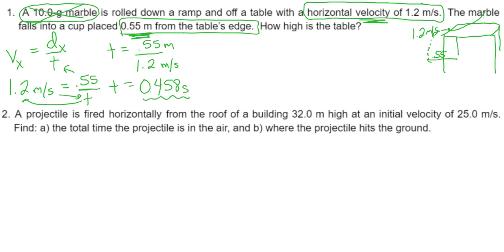My significant figures should actually be two significant figures, but I have more calculations that I need to do, so I'm going to leave that so that I can eliminate error as much as possible from my solution. Now that I know the time that it spends in the air, I can use my standard equation to figure out how far something has fallen based on the time that it spends in the air.